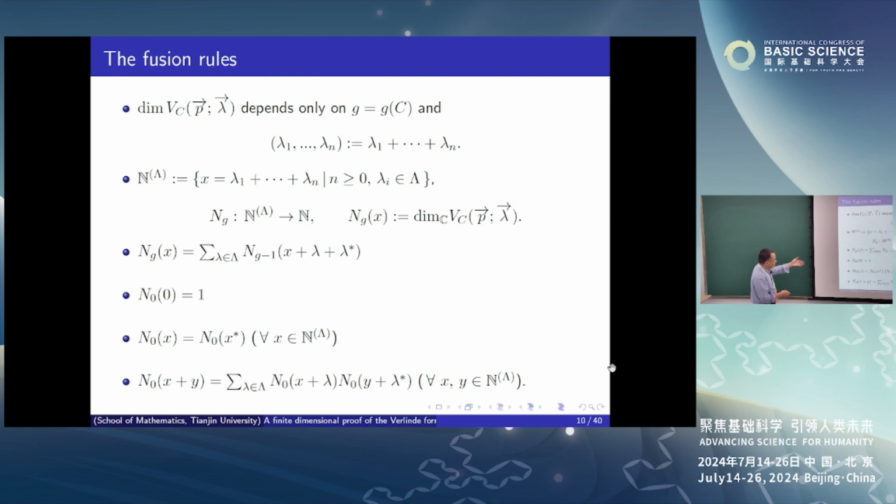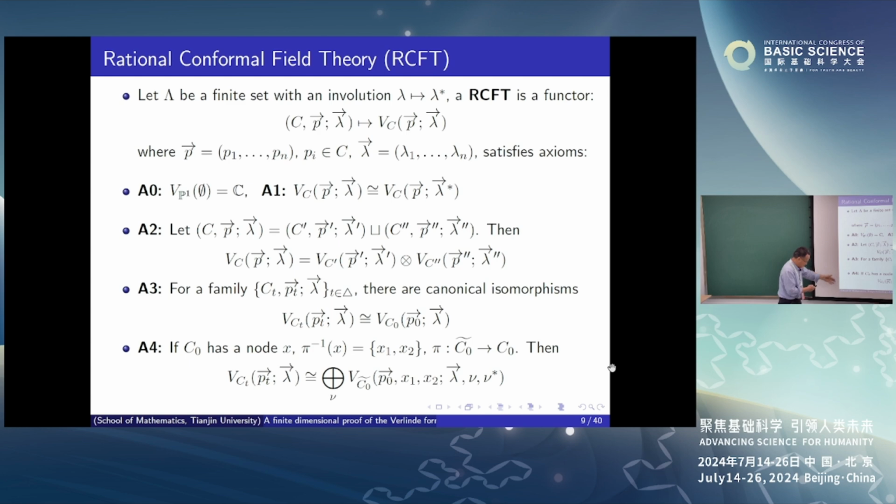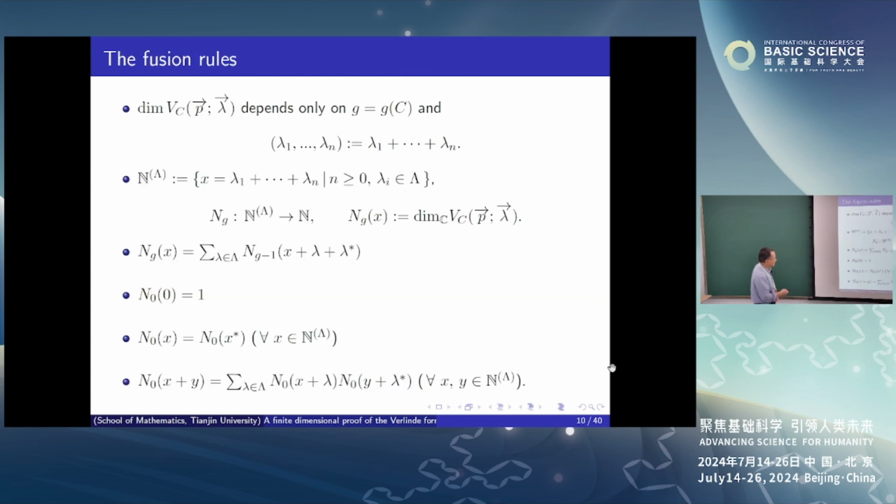Those requirements can be formulated to mean that this function should satisfy these conditions. First of all, you can use this formula to reduce everything to the genus equal to 0 case. So you can reformulate this as the so-called fusion rules.